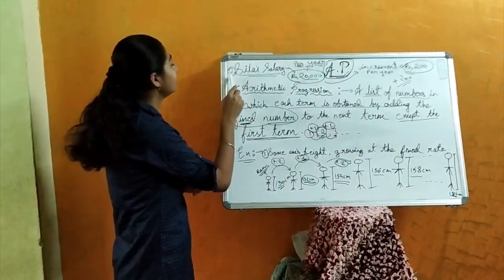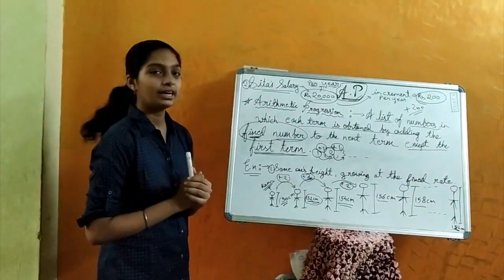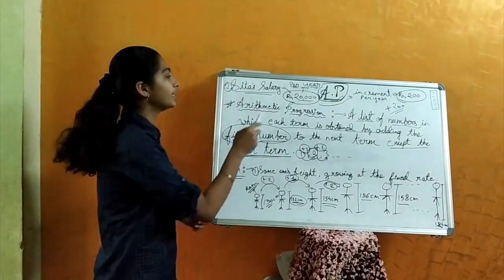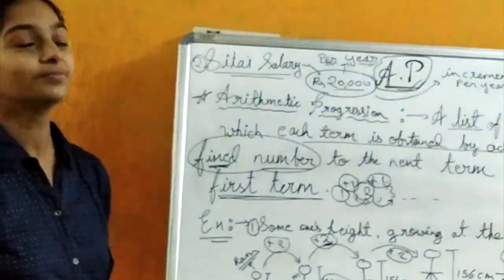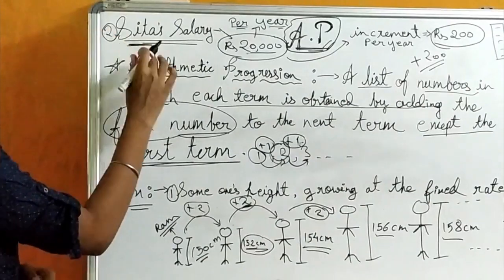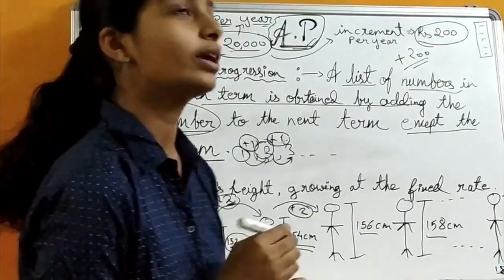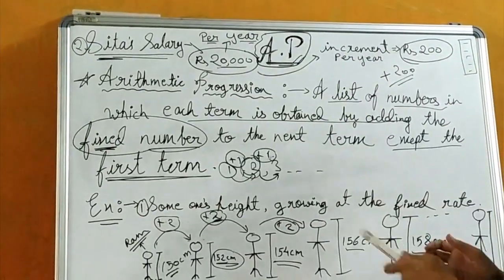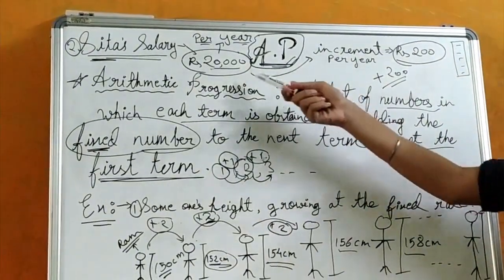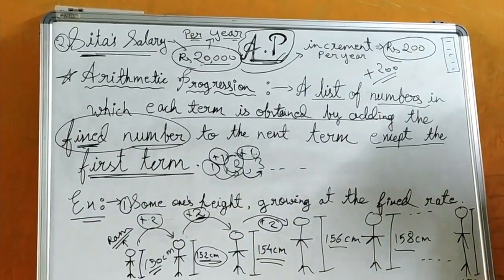Okay, wait, we have one more example from our day-to-day life. It's a very good example, that is salary. Isn't it? Sita's salary is 20,000 rupees per year, and what is told here is that her increment per year is rupees 200.